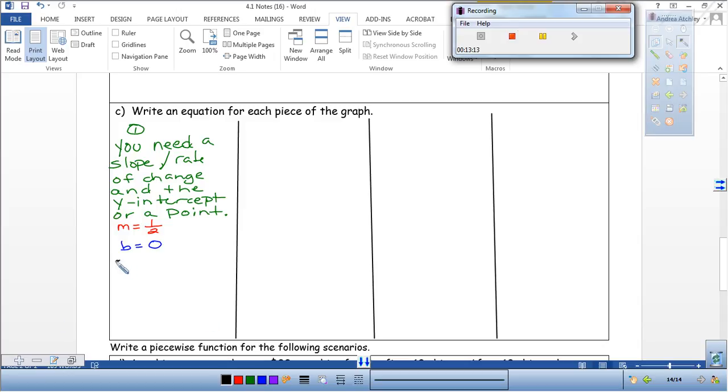So then you just need to plug the rate of change and the y-intercept into our slope-intercept form. The f of x equals mx plus b.